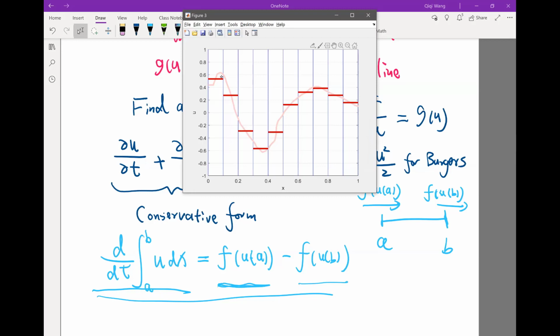You take the integral of the function divided by the length of the interval. Exactly. So you take the integral of this function, which is actually what is here, right? What is on the left-hand side of the integral form.